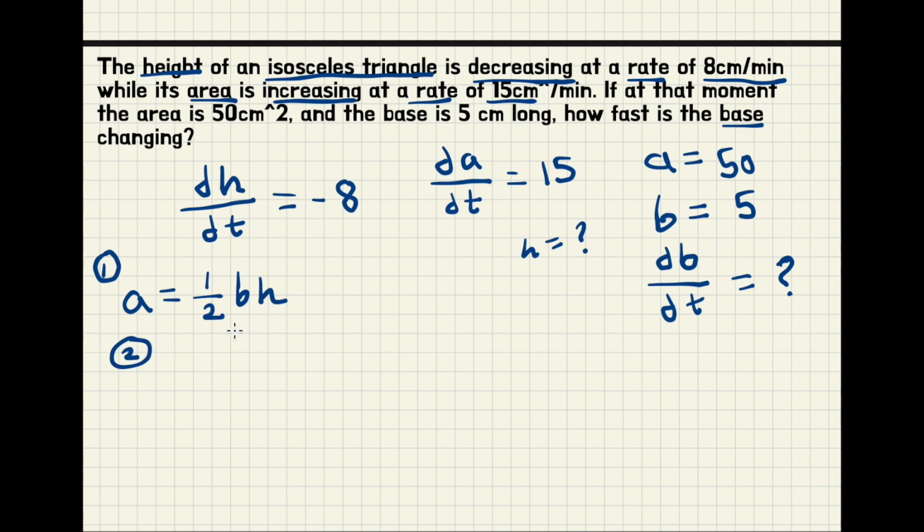So step 2 here will be finding H. 50 equals half times base 5, times H. Algebraically, 50 divided by 2.5, that's 20.